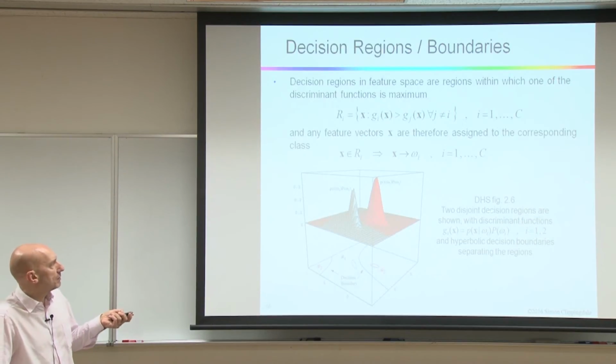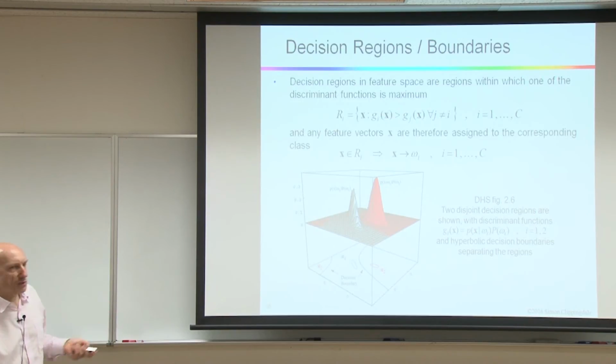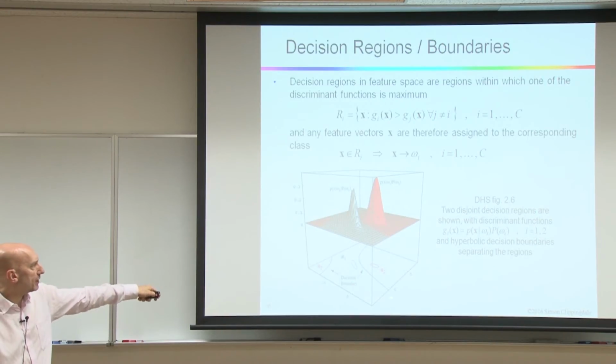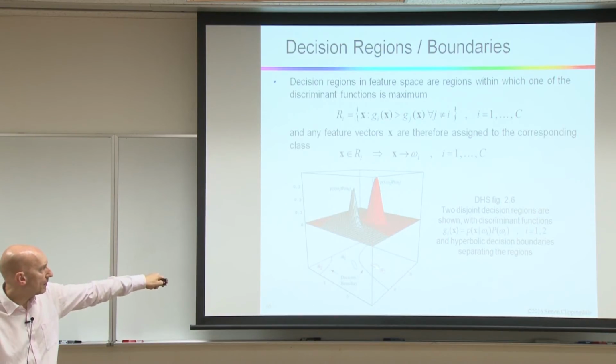This is from Duda, Hart and Stork again, where we've got two decision regions projected onto this plane at the bottom here. They're R1 and R2. R2 is there and over here.